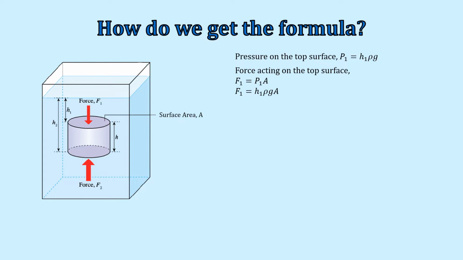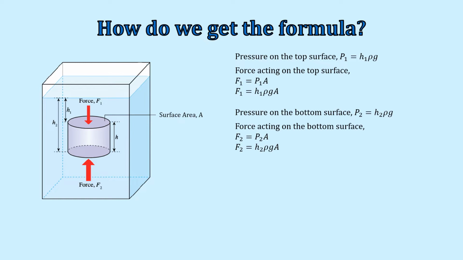Thus, the formula will be F1 equal to h1 rho g A. Alright, next, we move to the bottom surface. Pressure on the bottom surface will be P2 equal to h2 rho g. Meanwhile, the force acting on the bottom surface will be F2 equal to h2 rho g A.